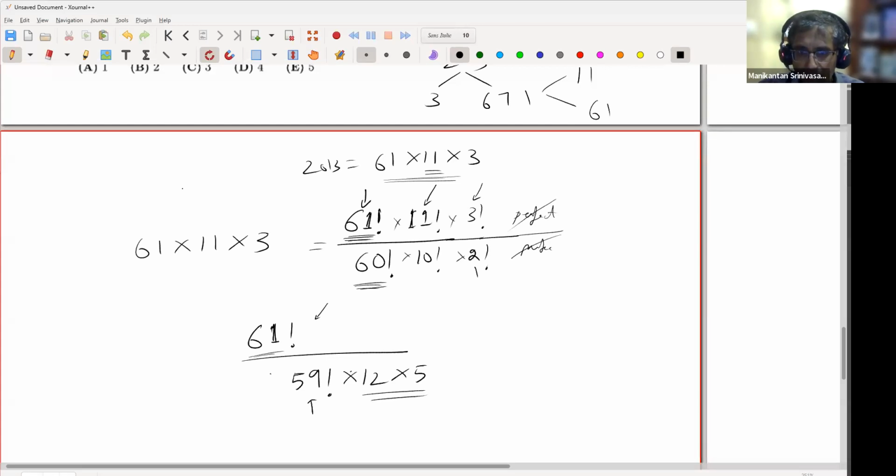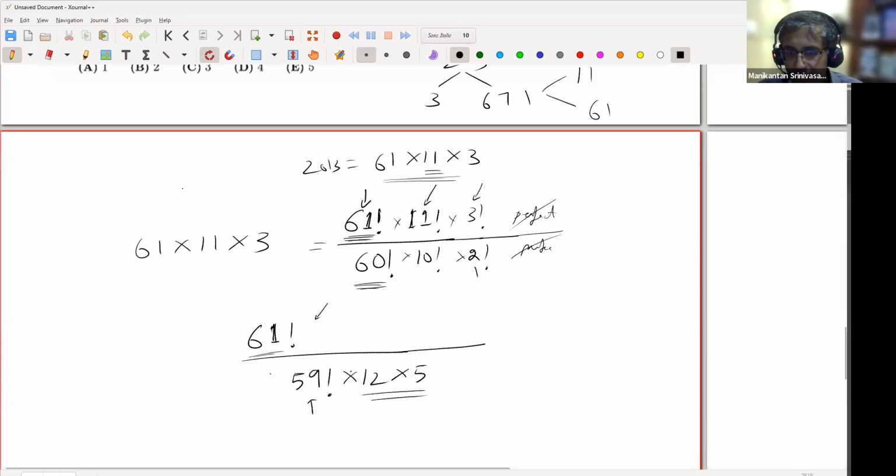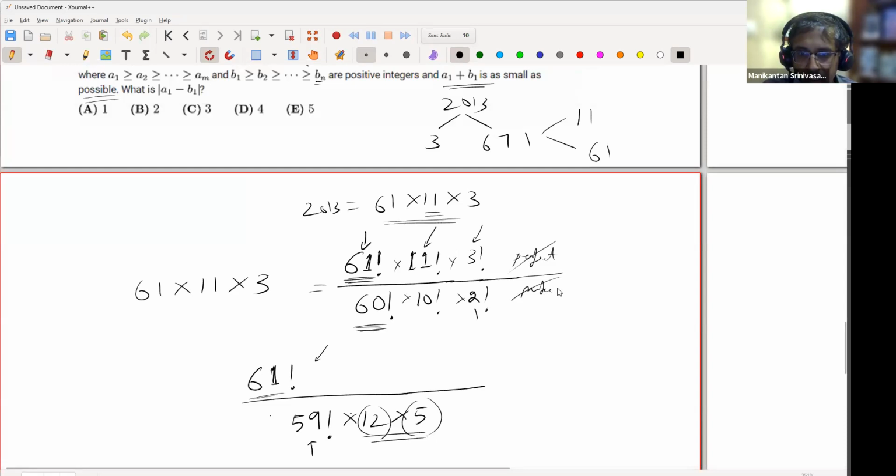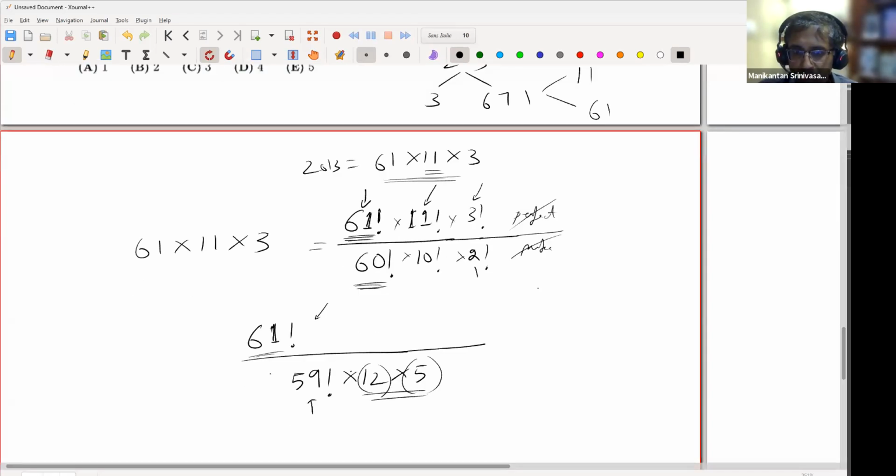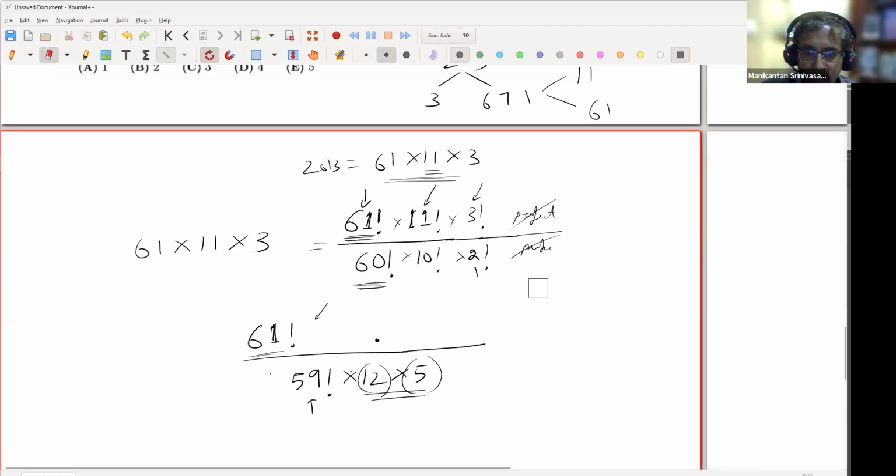So now I can introduce a cancellation such that the 12 is taken care of and the 5 is also taken care of. How do I do that? On top, I want to have a 12 factorial, and at the bottom I want to have... sorry, I want to simulate a 12 and a 5.